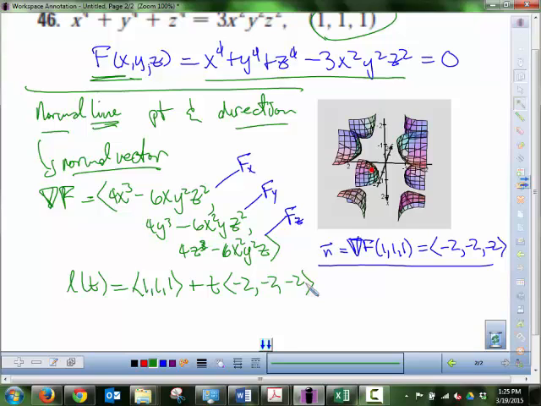So this is called a normal line because it's perpendicular to the surface. Good? Questions? What do we need it for? If you want to find the equation of a normal line. You want to like burrow yourself down to the center of the earth.